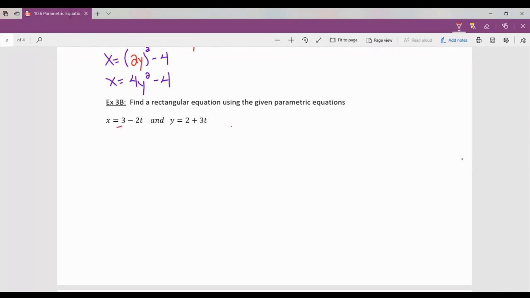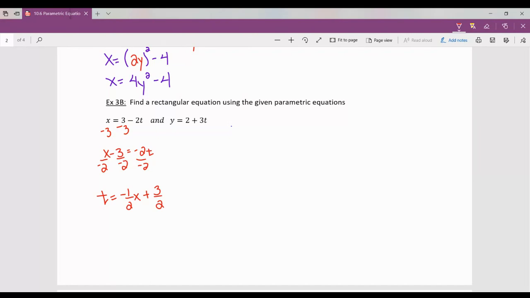I'm going to subtract 3 to get t by itself, so we get x minus 3 equals negative 2t. I divide everything by negative 2, so I get t equals negative 1/2 x, and negative over negative is a positive 3 over 2.